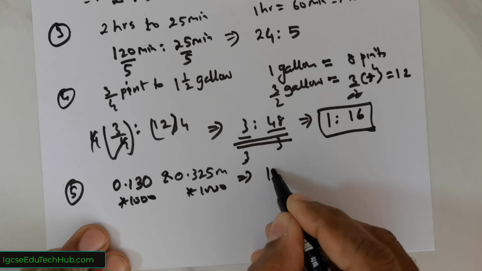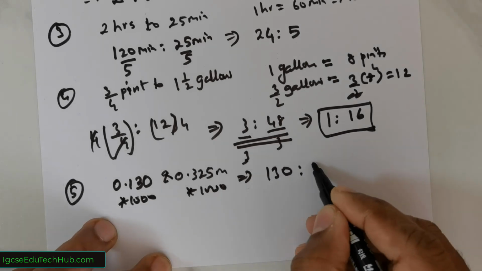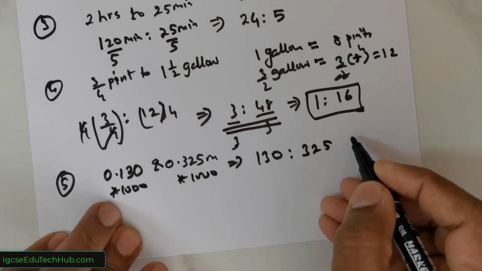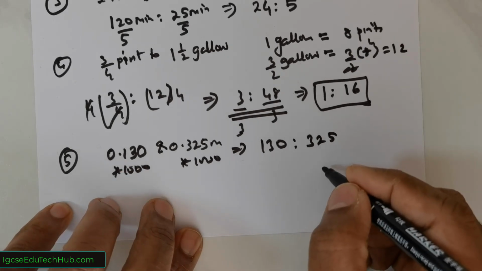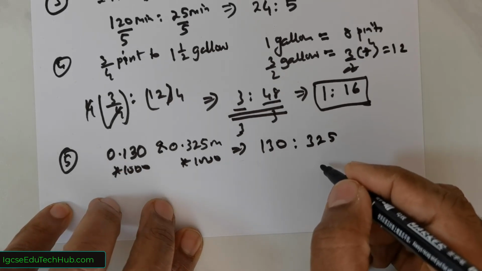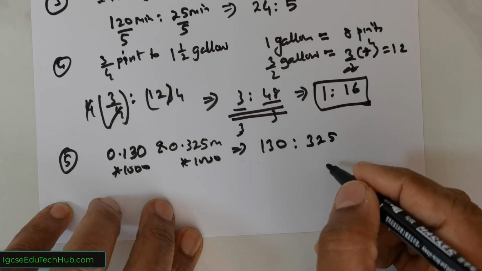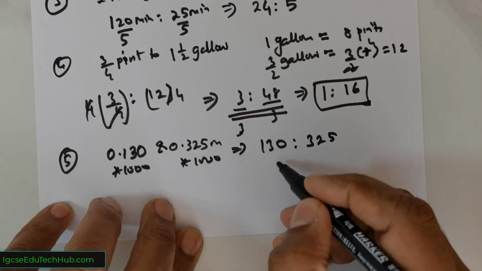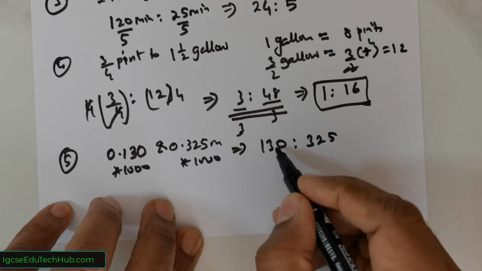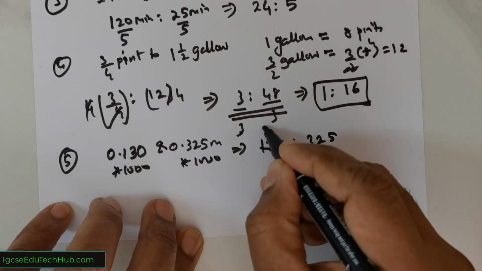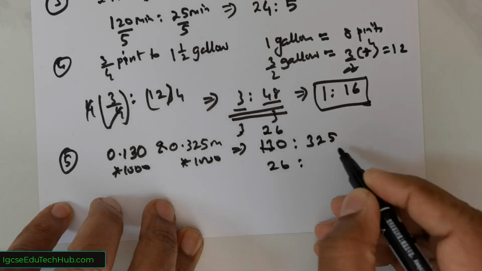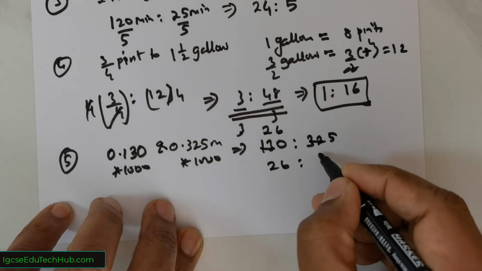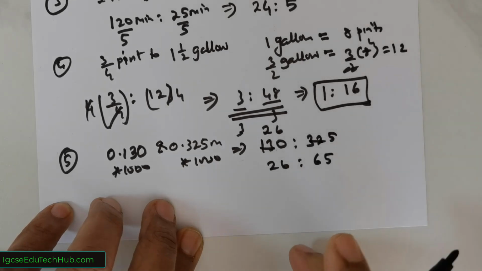This is going to give me 130 to 325. Now we can choose a number to reduce this. Okay, let's start with 5. 5 times 26 is 130, and 5 times 65 is 325.